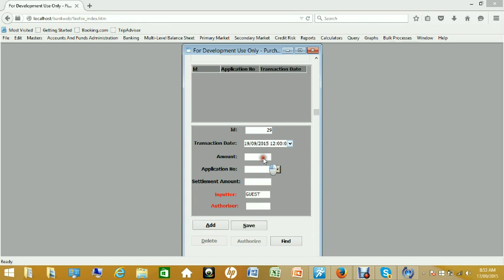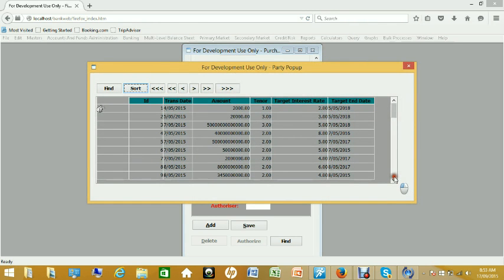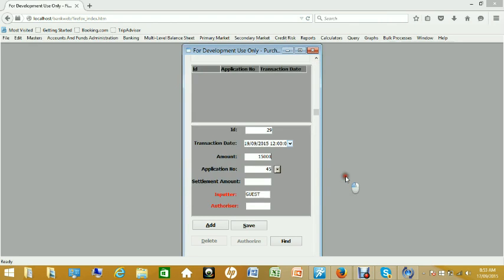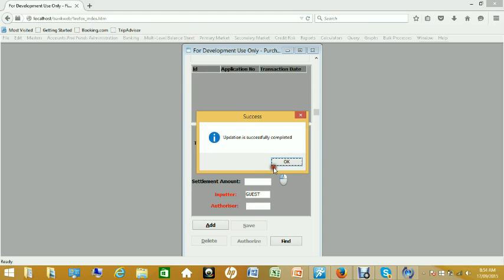Let's enter amount 15,000. Let's enter application number. It's 45. Let's save the transaction. Saved successfully.